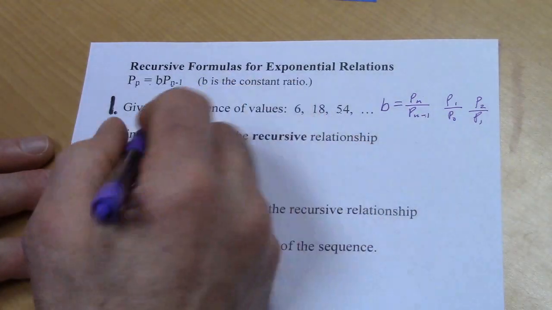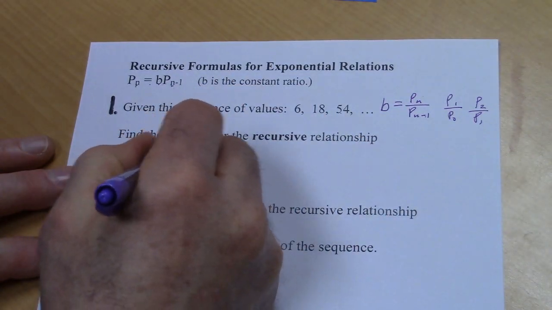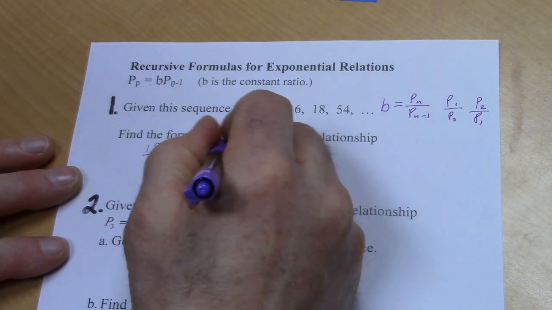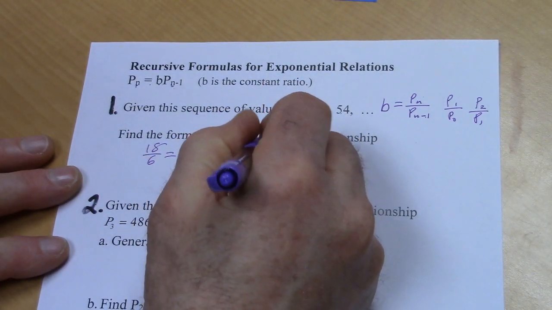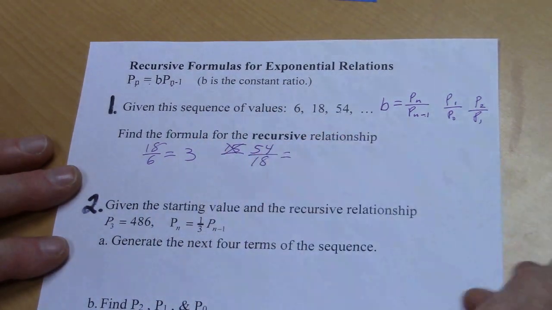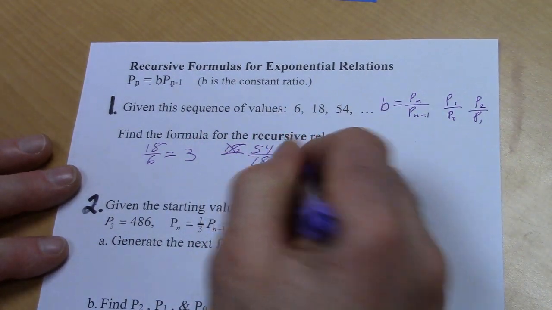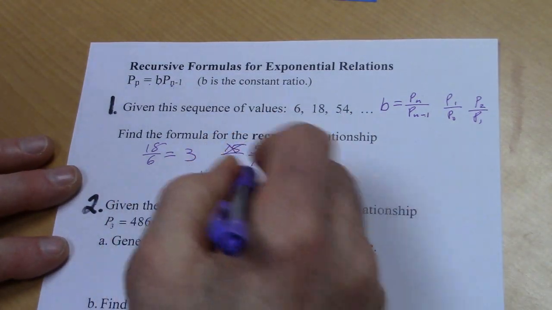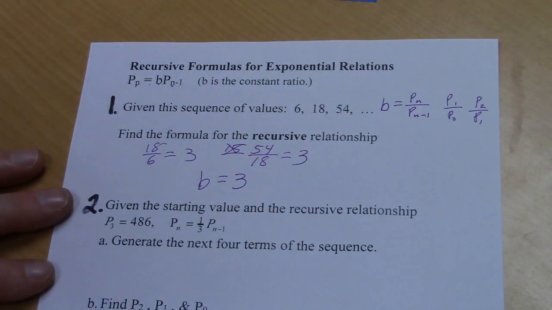So 18 divided by 6 is 3, you can see that pretty obviously. Is 54 divided by 18 also equal to 3? Well, 18 times 3 is 54. So the common ratio, b, is equal to 3.